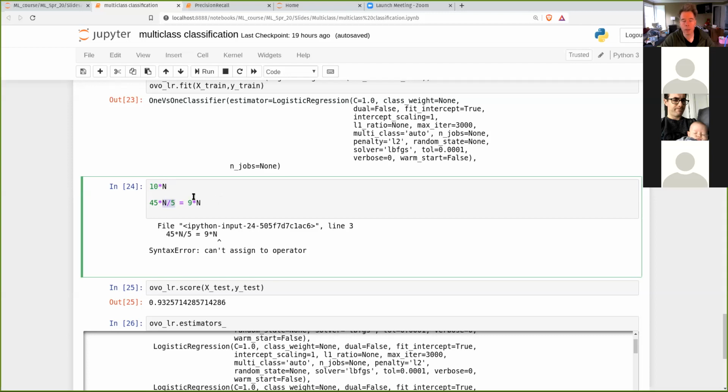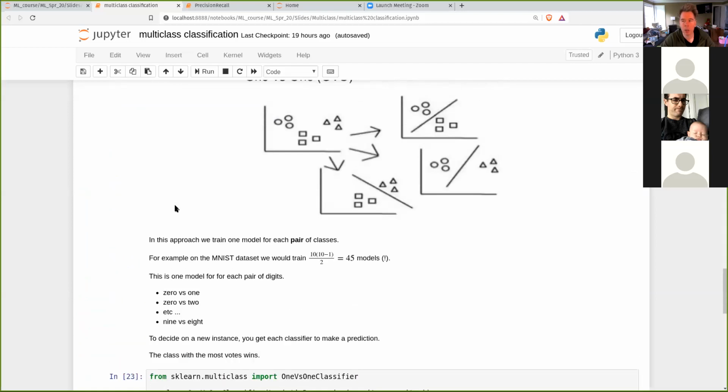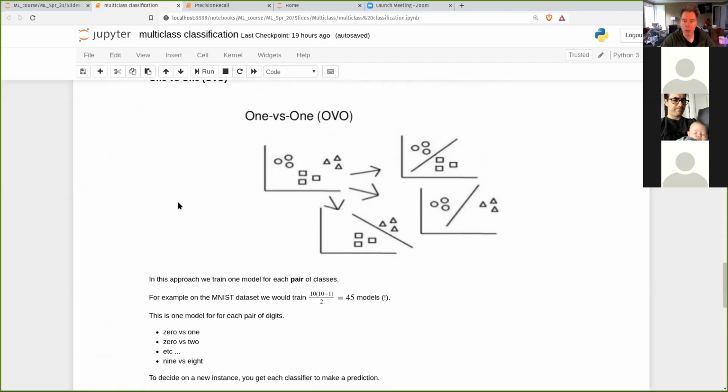So that actually turns out to be less work, quote unquote. This is a pretty rough way to do the calculation, but by this metric, for a nonlinear support vector machine, one versus all will have to do 10 times n cubed work, whereas here it will have to do n over 5 cubed times 45, which is probably a smaller amount of work, because the cube is really sensitive to big numbers.